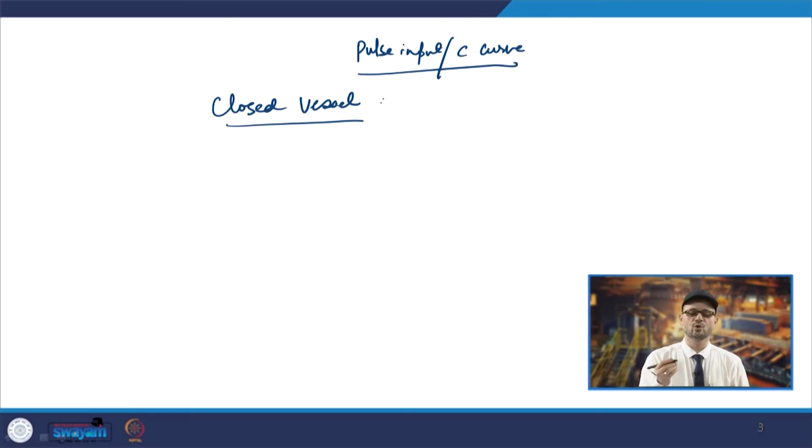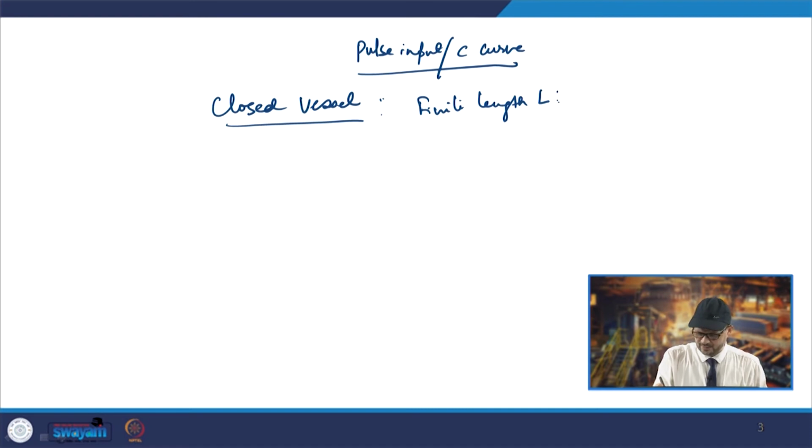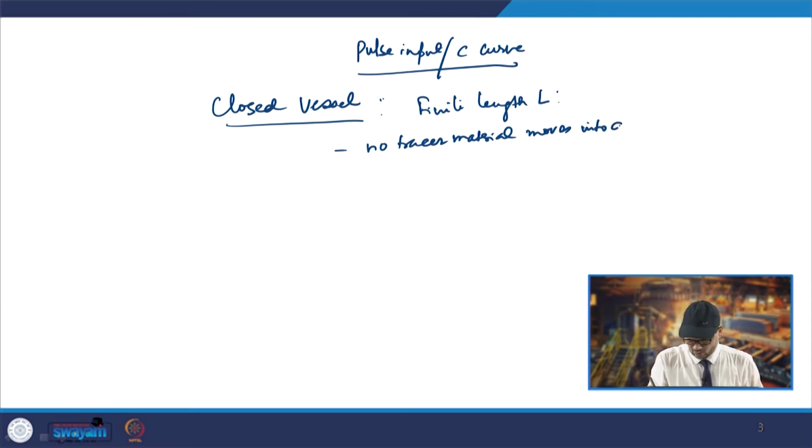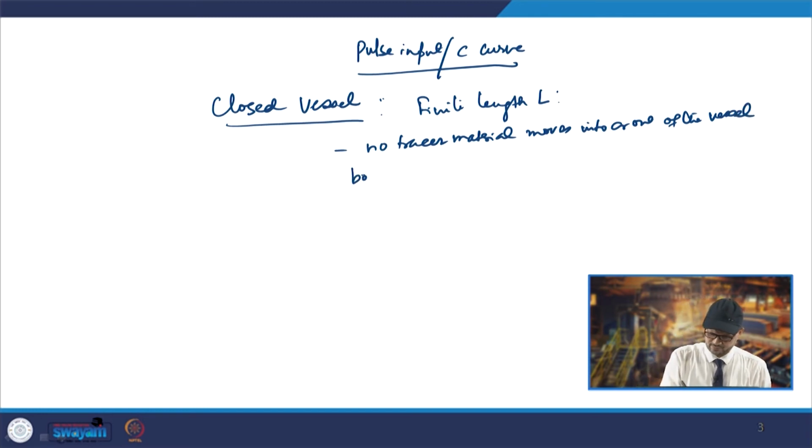The closed vessel by definition has a finite length L, and no tracer material moves into or out of the vessel boundaries by dispersion.